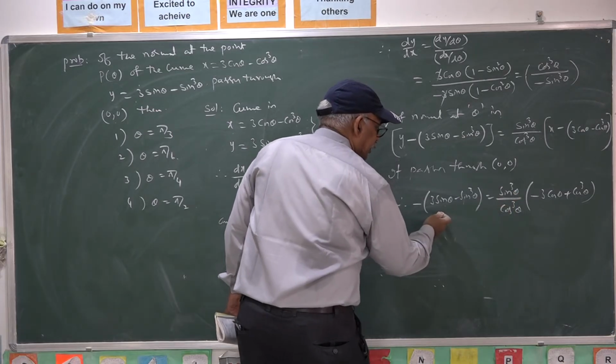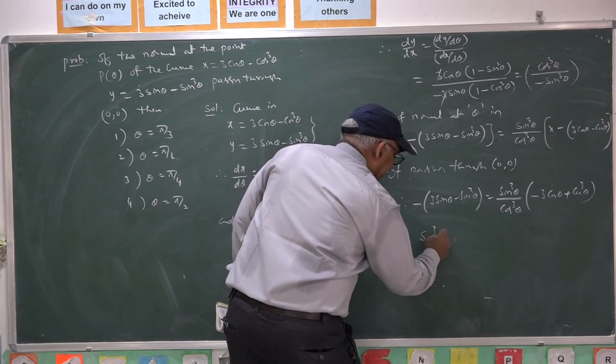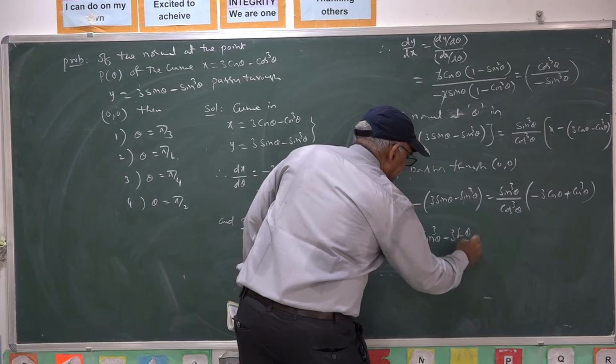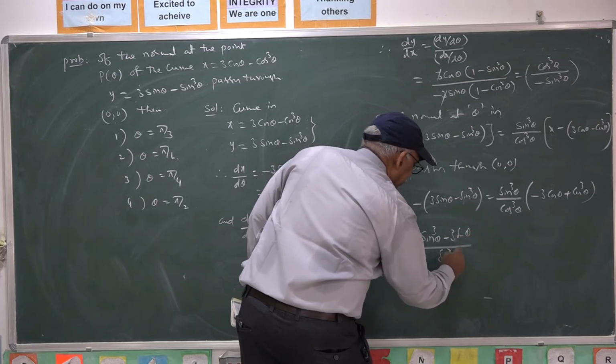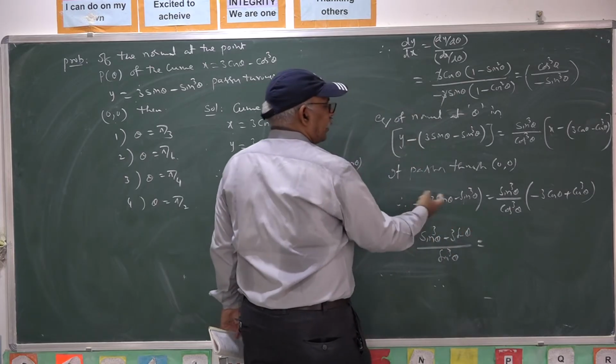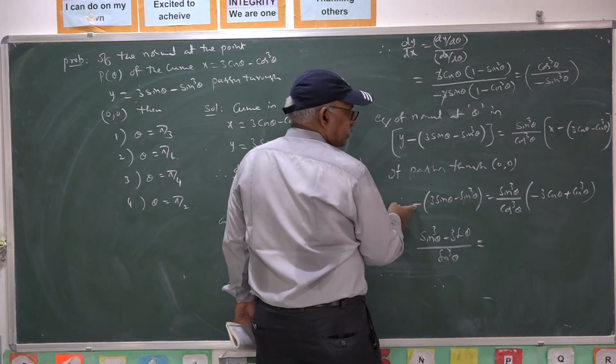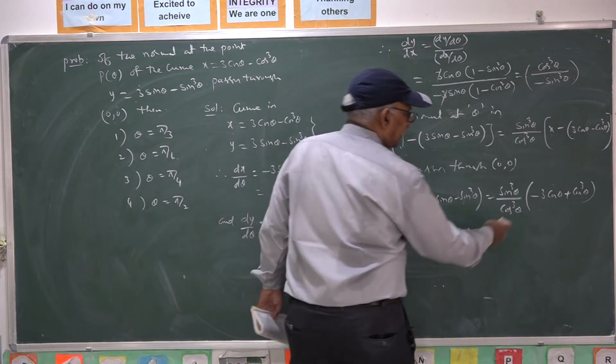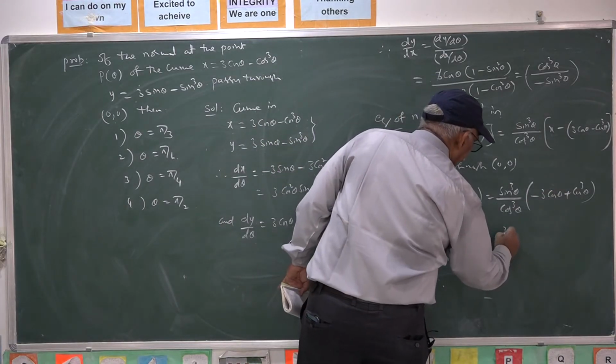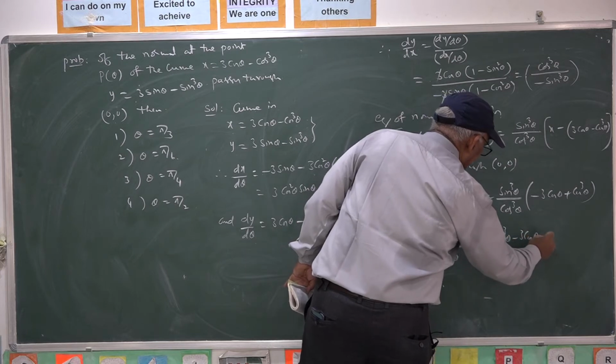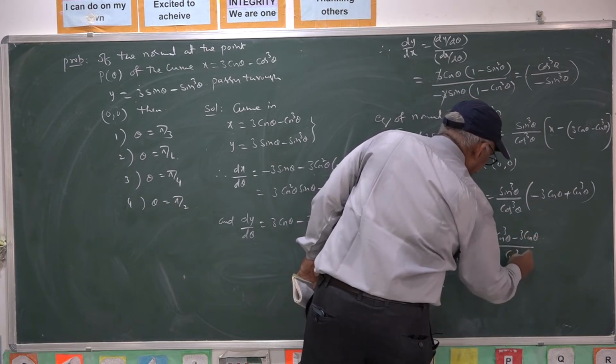Taking this sin cube theta to this side, we get sin cube theta minus 3 sin theta by sin cube theta equal to, interchanging these two terms, you get plus here. Similarly, we get cos cube theta minus 3 cos theta by cos cube theta.